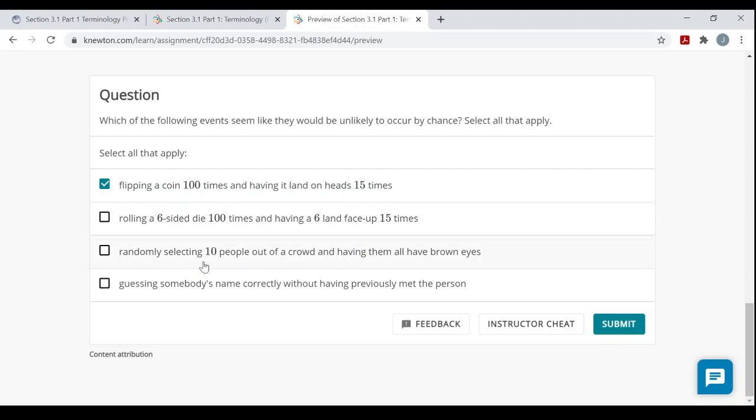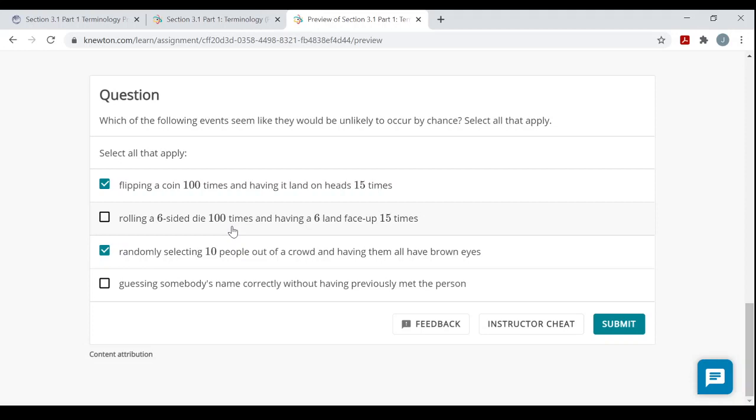How about randomly selecting 10 people out of a crowd and having them all have brown eyes? That's probably not going to happen, right? The chances of all 10 people you randomly select having brown eyes would be very slim in my opinion. So again, this is kind of an opinion thing. I mean, not really, there are correct responses here, but just think about them a little bit.